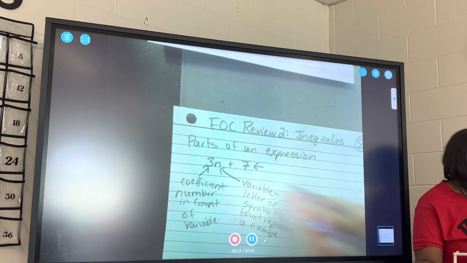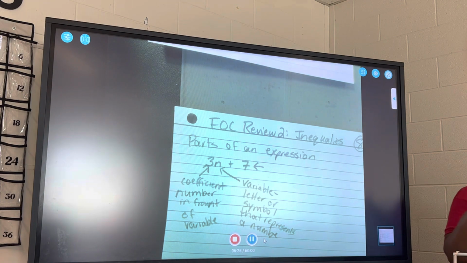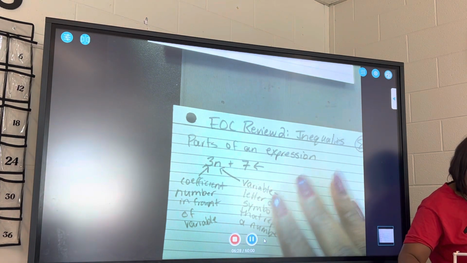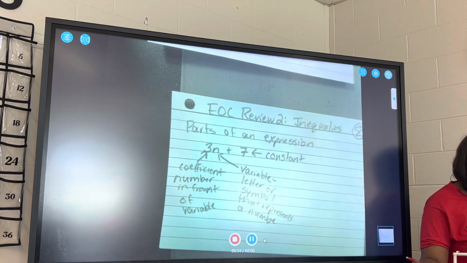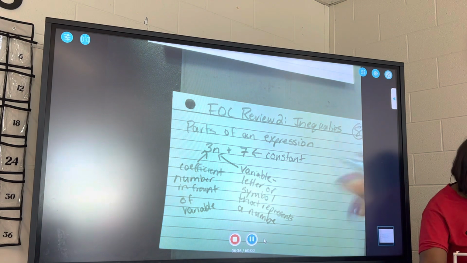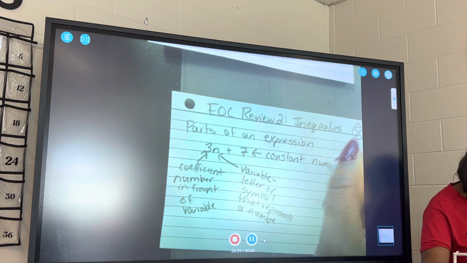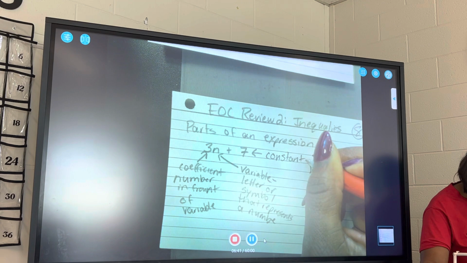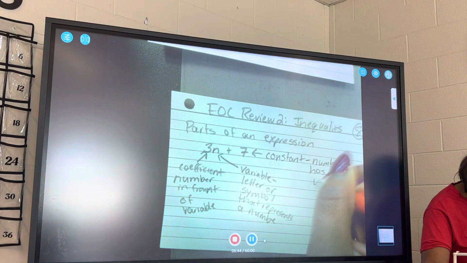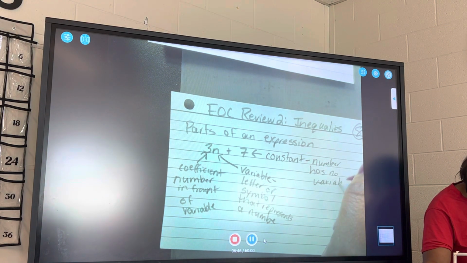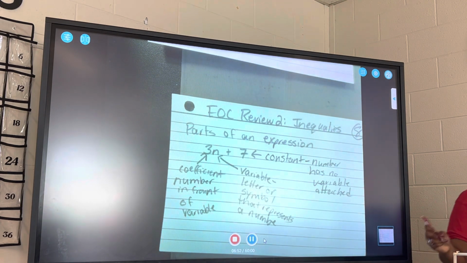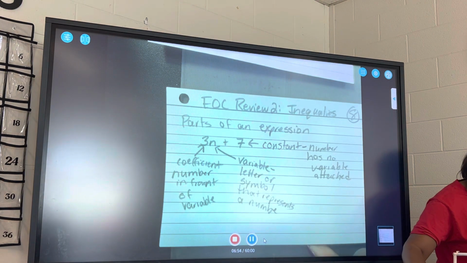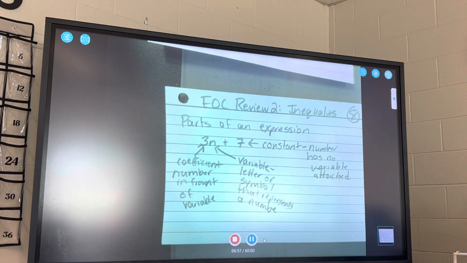And then a number that has no variable attached to it is called a constant. Okay, and those are the different parts: coefficient, variable, constant.